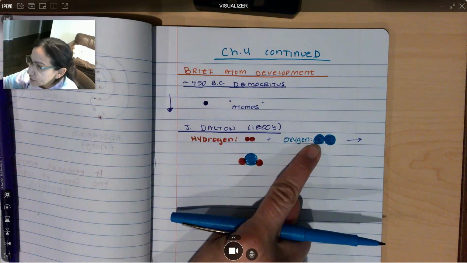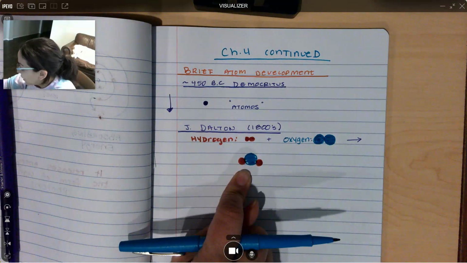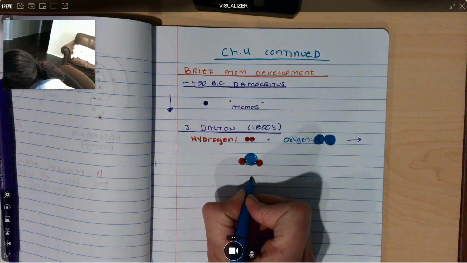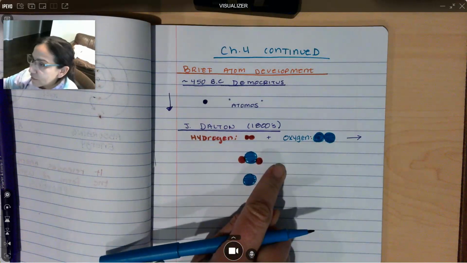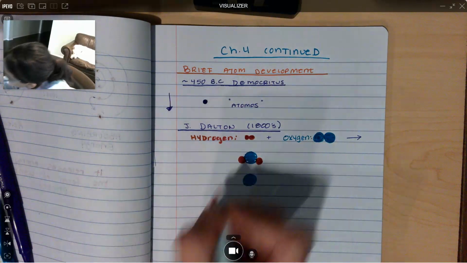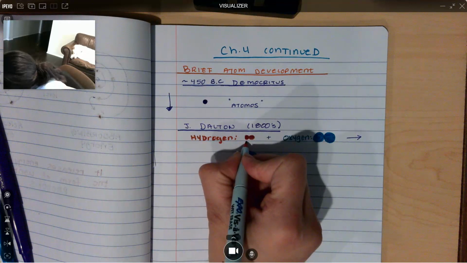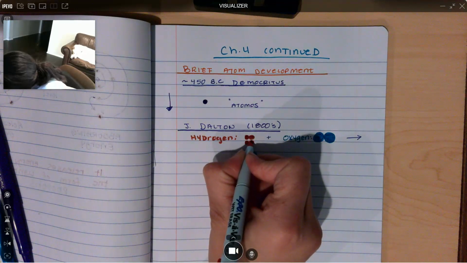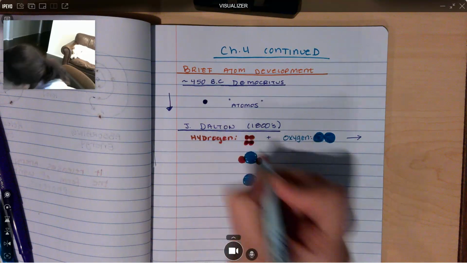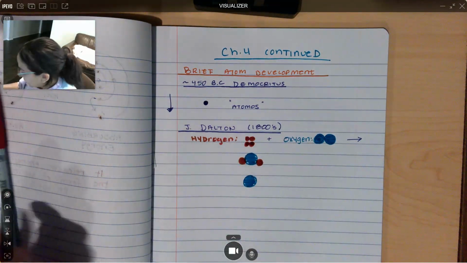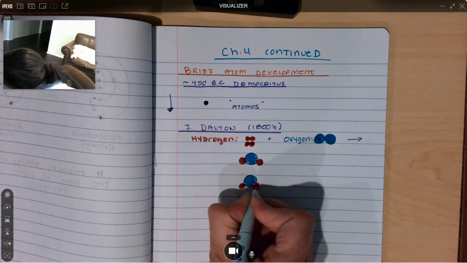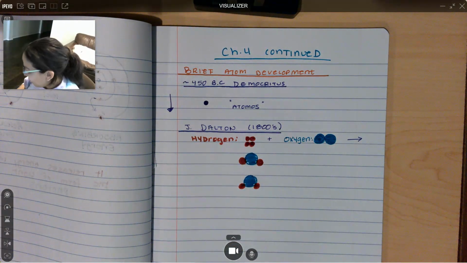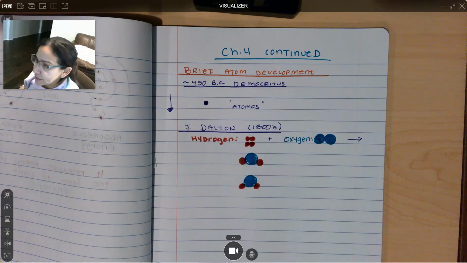If I have two oxygens here, that means that I'm going to end up with at least two waters. And you're going to say, well, how do you actually end up with two waters? You don't have enough hydrogens. Well, that's because we're going to be adding another hydrogen molecule here. So now we have two diatomic hydrogens, and I'm going to go ahead and make my water there. And now everything is perfectly balanced, okay?